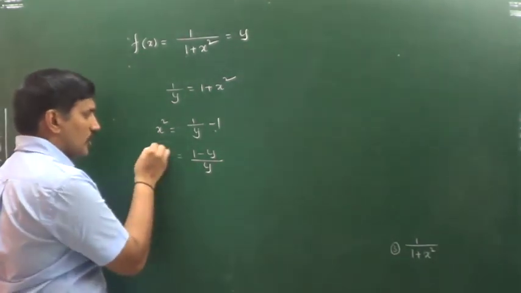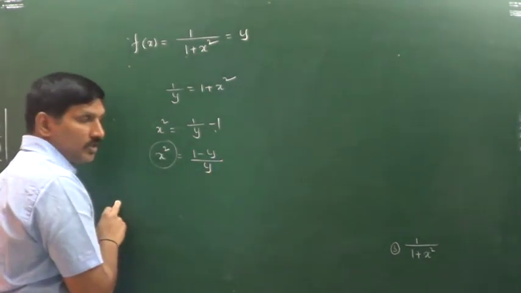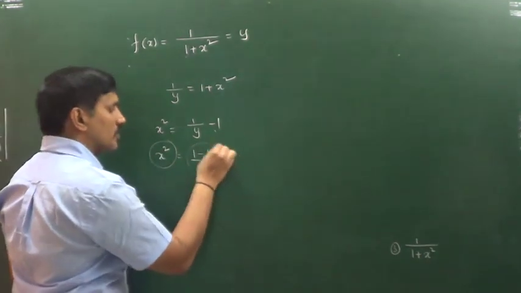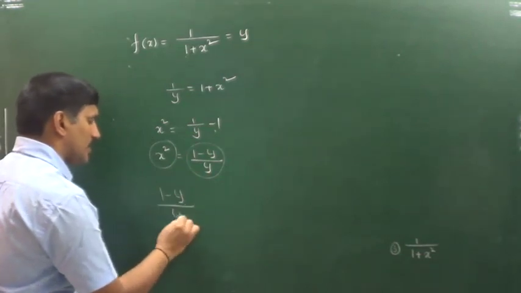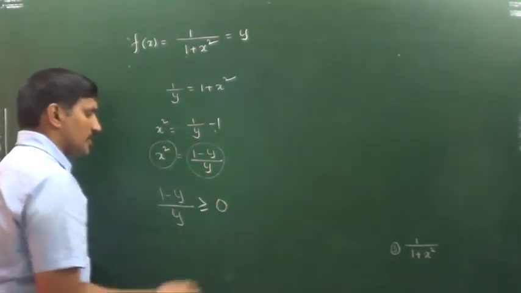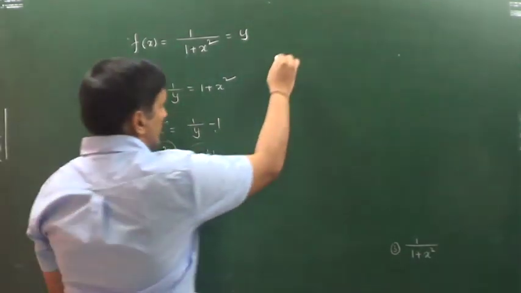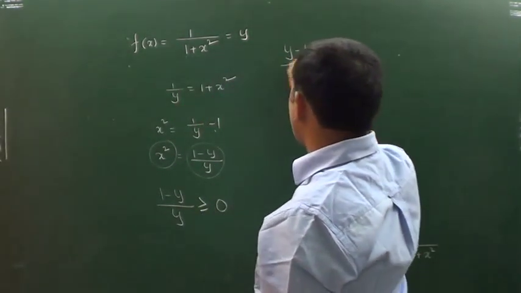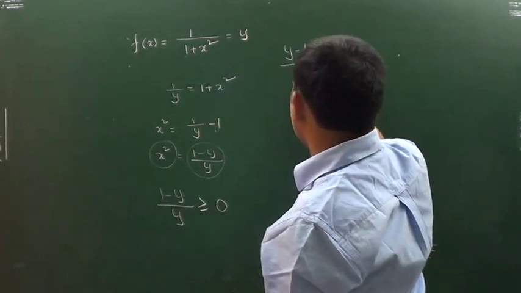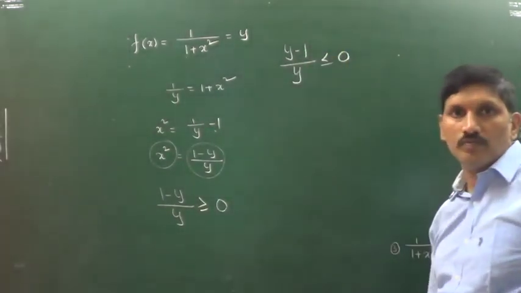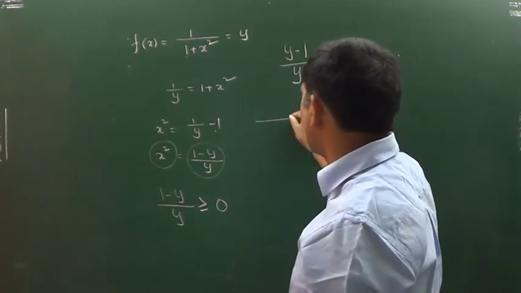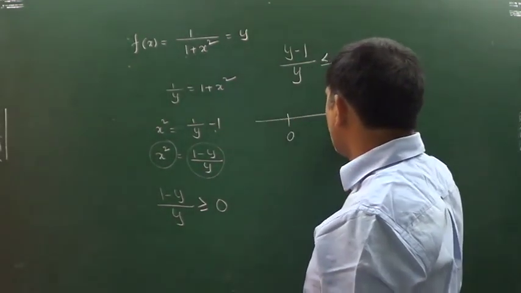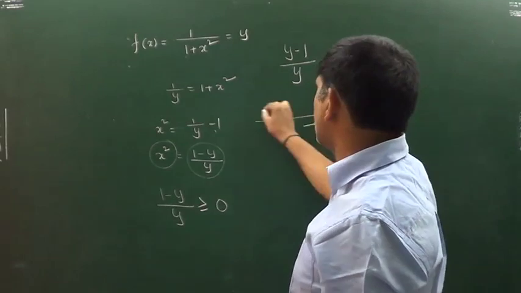X square is always greater than or equal to 0. That's why this is also greater than or equal to 0. So 1 minus y divided by y is always greater than or equal to 0. So we can write y minus 1 divided by y less than or equal to 0. Now number line, this is 0 and here we have 1, plus minus plus.